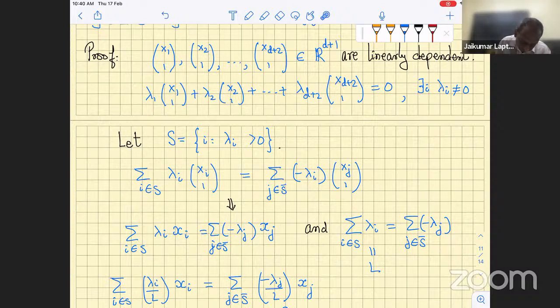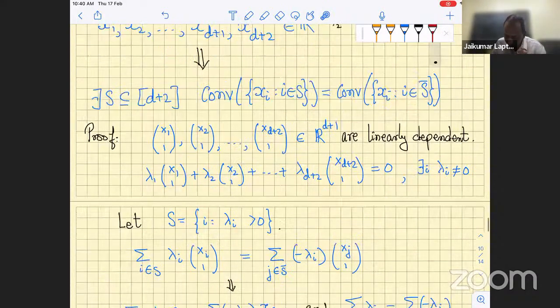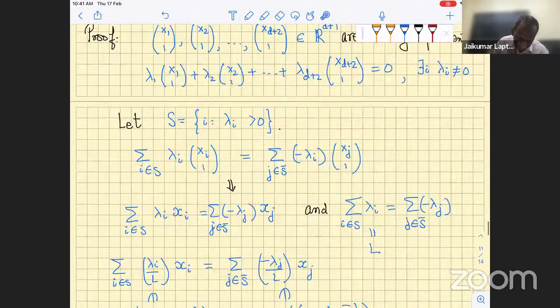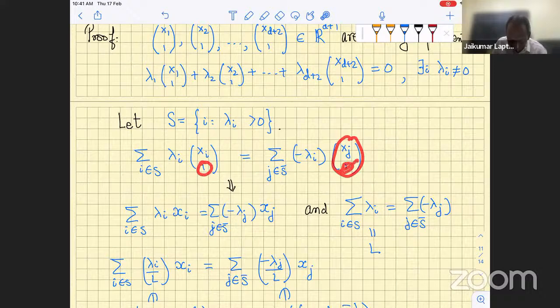If you take this combination and move the negative ones to the other side, with a minus sign, they are both equal. We wanted S and S bar so that their convex hulls have a point in common, and we seem to be going in that direction. There is a point generated by the S's and a point generated by the S bars. There are these ugly sticking ones which we need to remove.